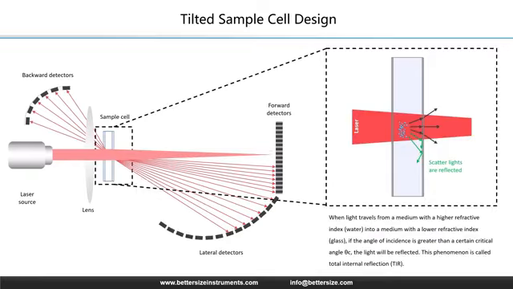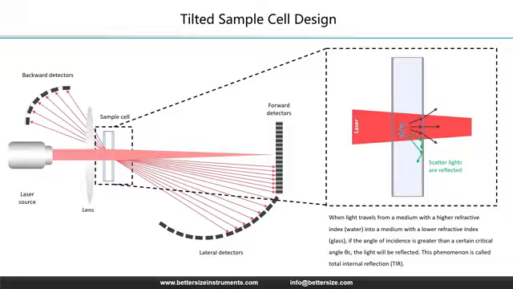Now, we face a fundamental physical limit of a standard optical design: total internal reflection. In a typical straight cuvette, when light scatters at very wide angles, which is the specific signature of very small particles, it hits the glass-air interface at a shallow angle.